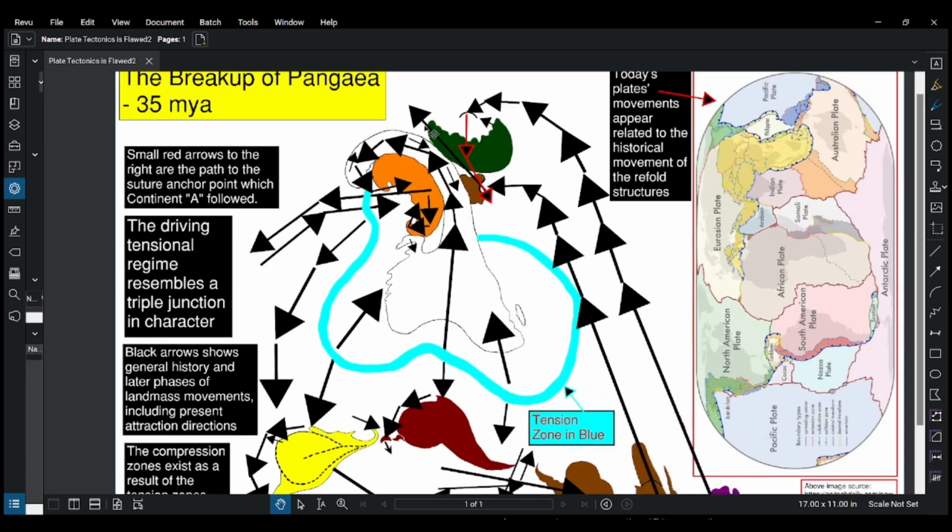I was just saying that this arm here, this white arm of Africa, it retracted back a little. I drew the smaller arrows because it's mostly going in the one direction to grasp this orange Russia refold. So it retracted back most recently, and there's like a tearing in here as it retracted back.